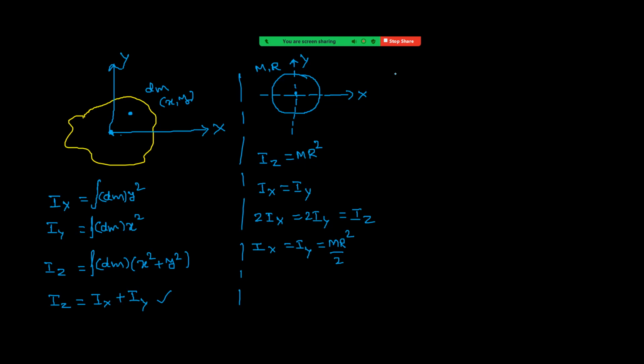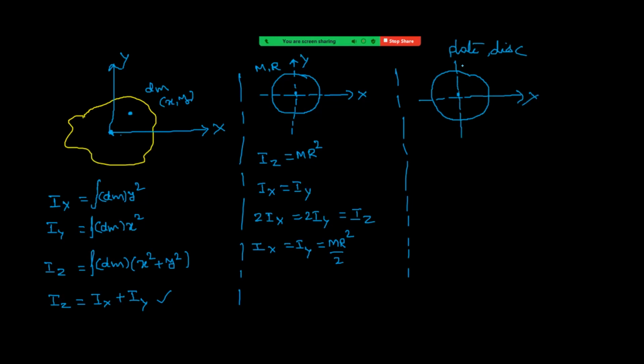Okay. Next. So we can do same thing for circular plate. It is for circular plate, or you can say disc. Again, same story. This is x-axis and this is y-axis.